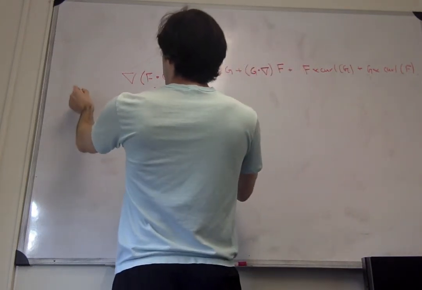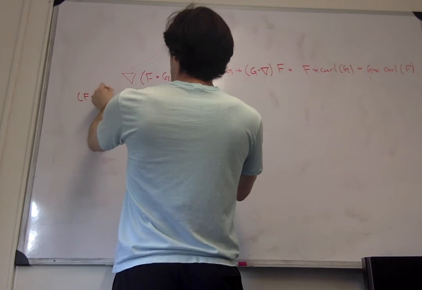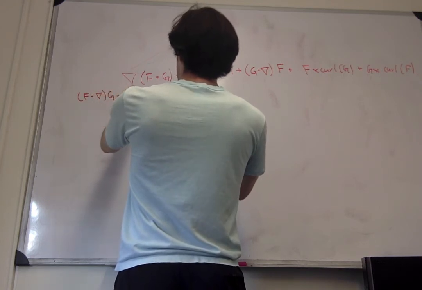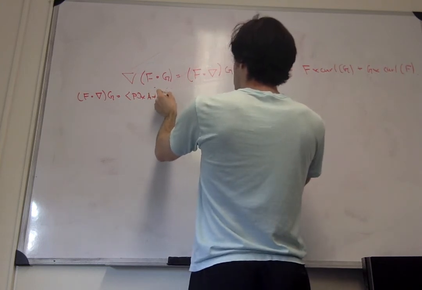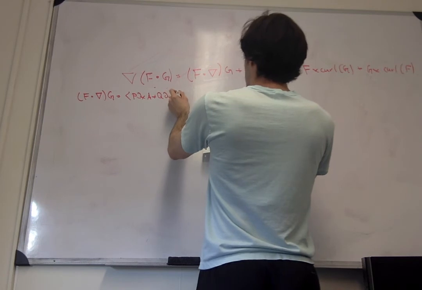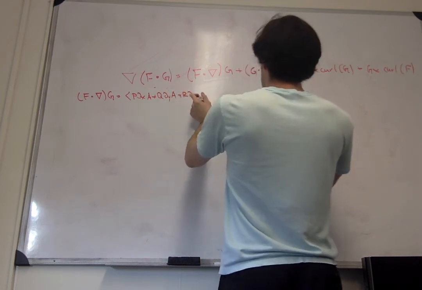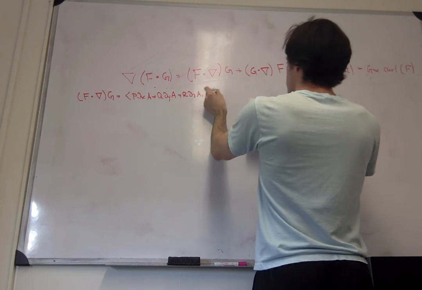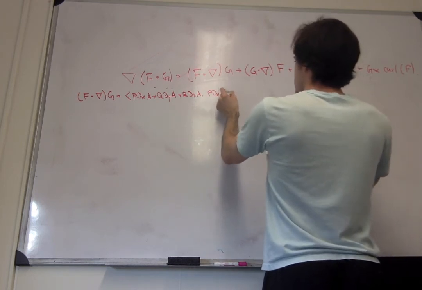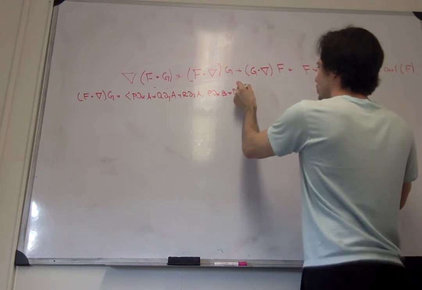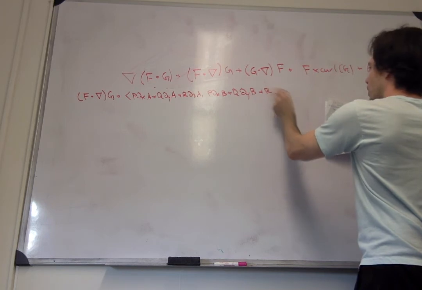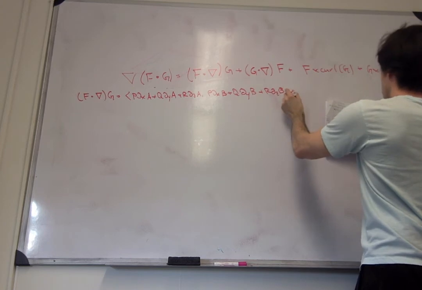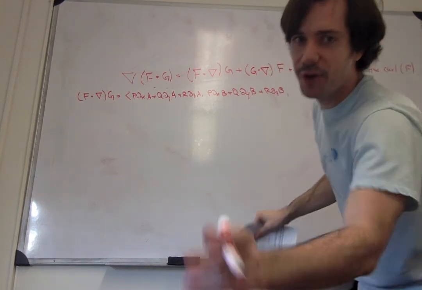So this will be f dot del g. This is going to be P del x A plus Q del y A plus R del z A, P del x B plus Q del y B plus R del z B. Okay, I'm going to keep going.